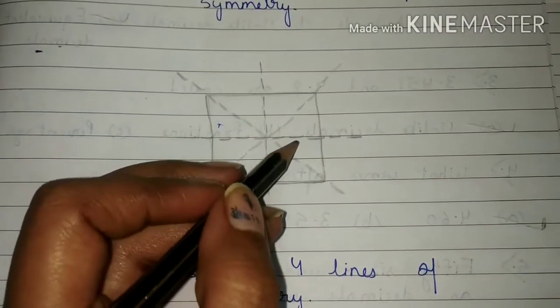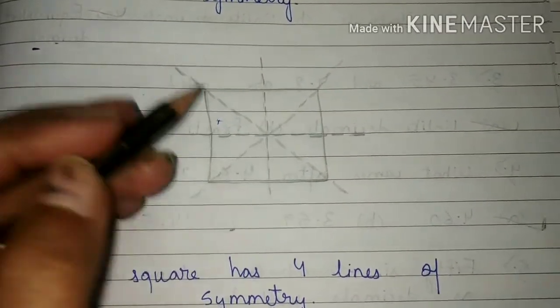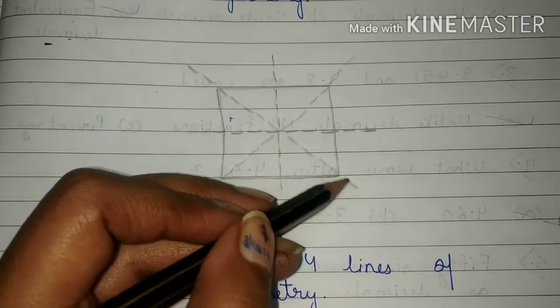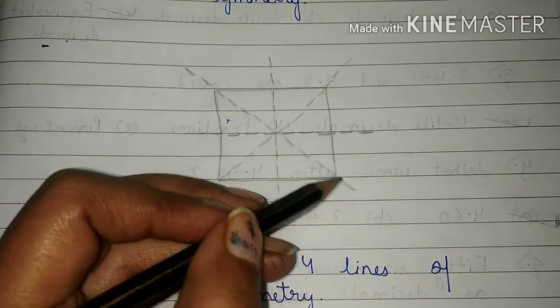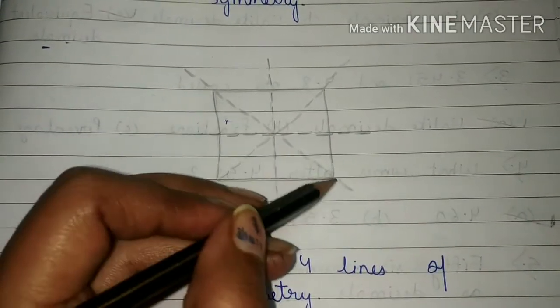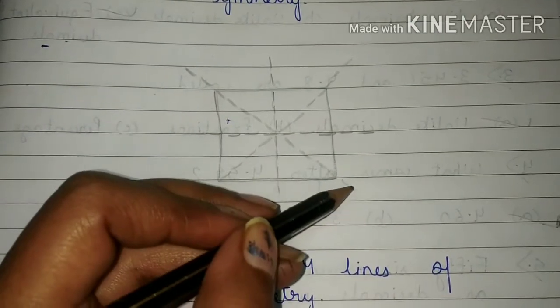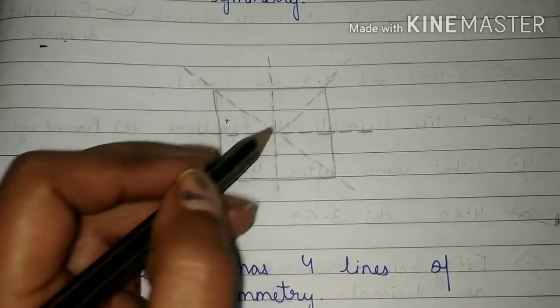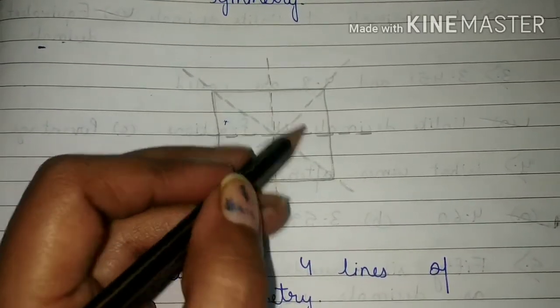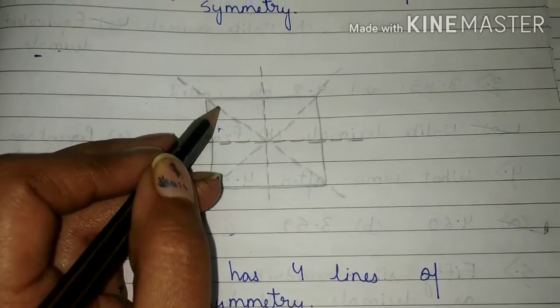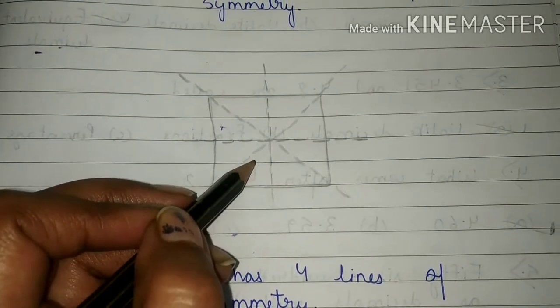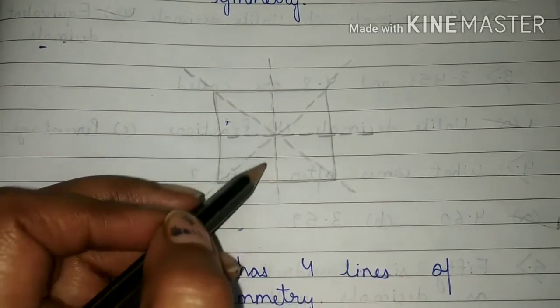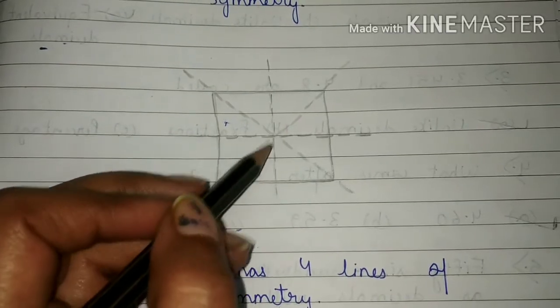Students, now ignore this line also and draw a diagonal like this. Diagonal means joining the corner. Draw a diagonal like this. After that, fold the figure along that line. Students, you will notice that the two equal parts are overlapping each other.